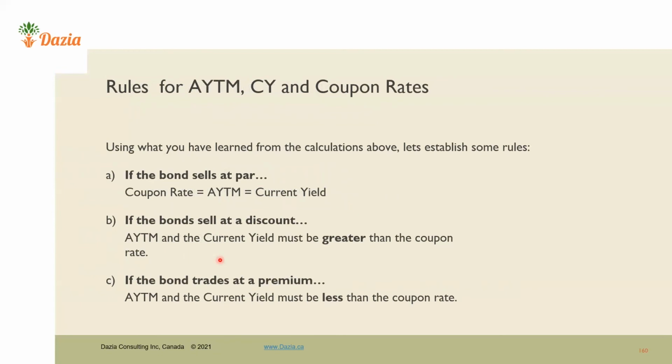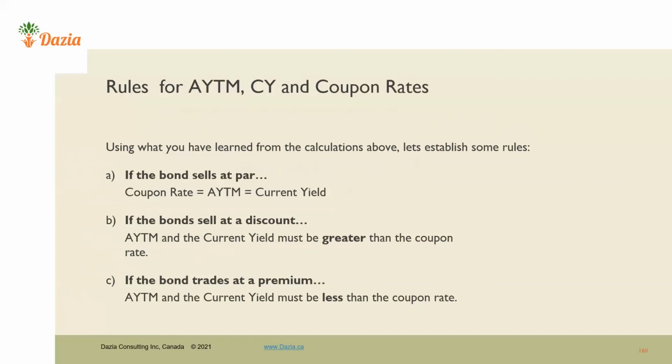So the general rule that we just mentioned: if you buy it at par, at the same price, then your coupon rate is equal to AYTM, which is equal to current yield. And if the bonds sell at a discount, at a lower price, it's good, then the current yield will be greater than the coupon.